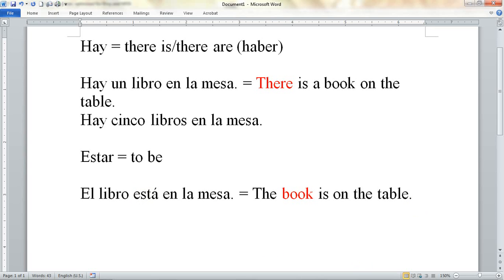If Elon is a lot smaller than it already is, the town of Elon, then you might say, hay una tienda, when you're asking a question. Is there a store near Elon?